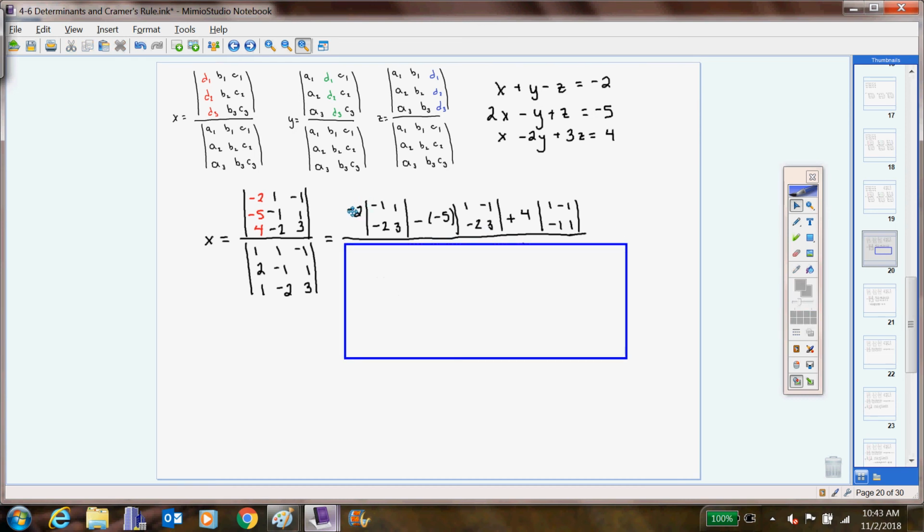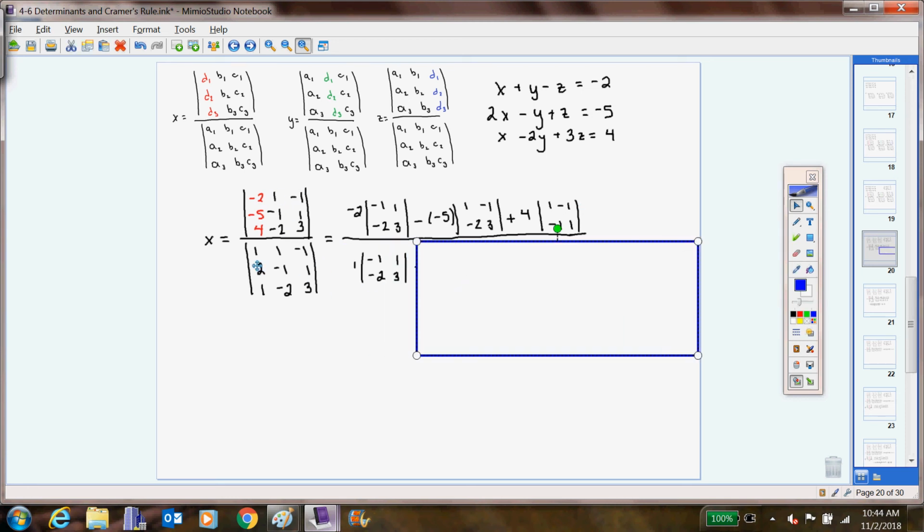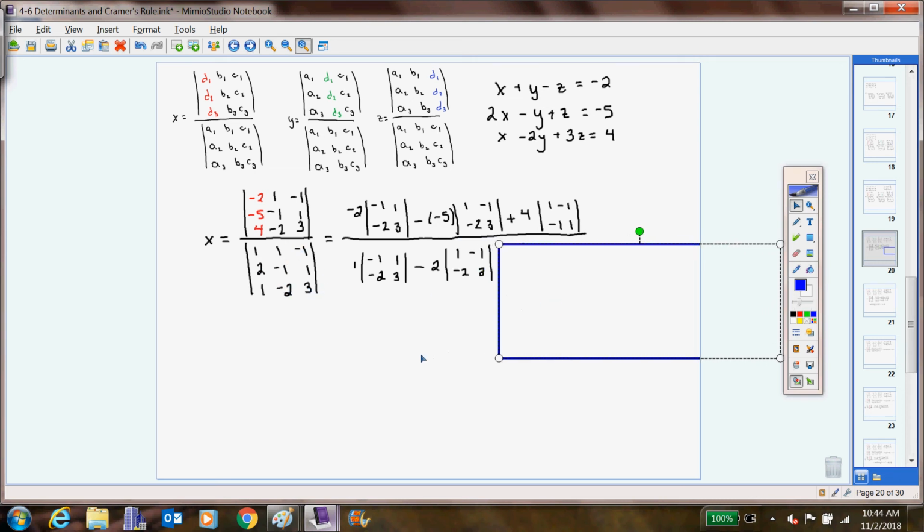Remember, with Cramer's rule, use the number times this, minus the number times these, plus the number times these. The denominator has the same thing happening. 1 times this determinant minus 2 times this determinant plus 1 times this determinant.